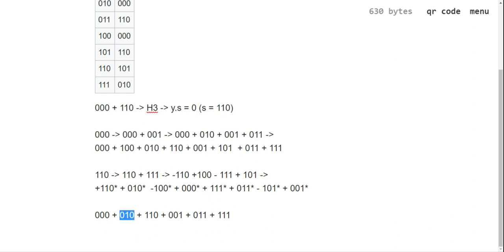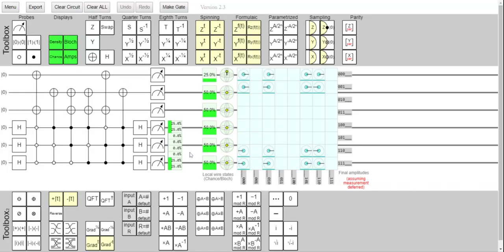Let me take a look. Let me just put that aside for a second. Try to open Quirk in my bookmarks. Because basically here I've got these.